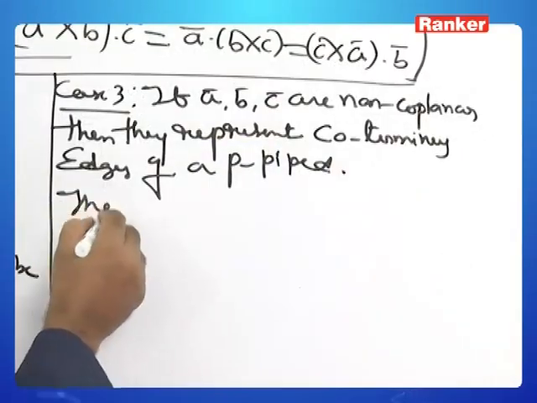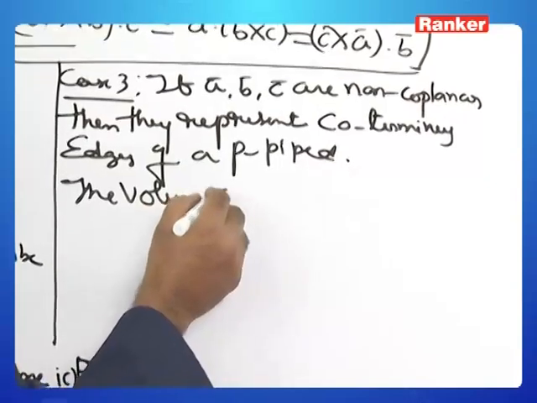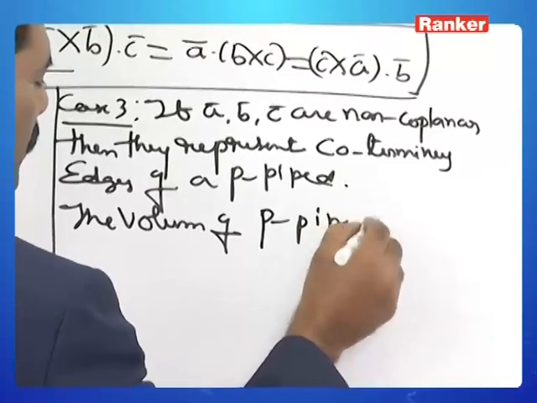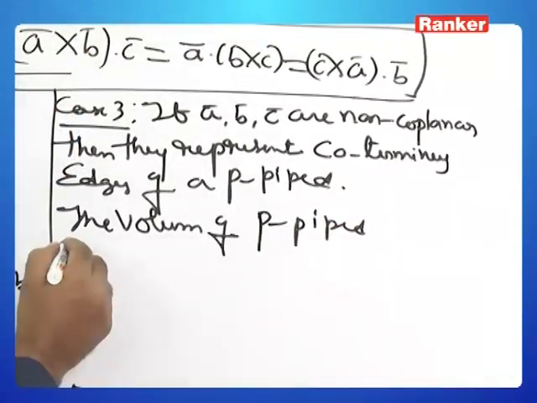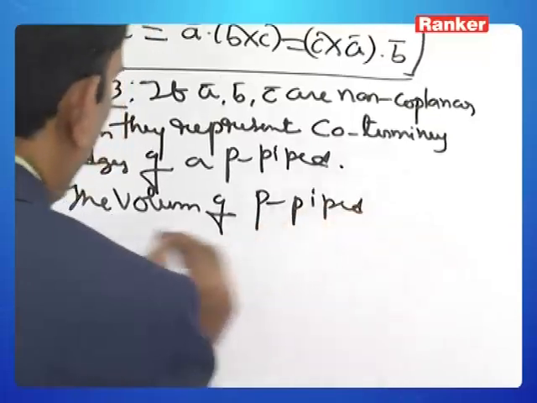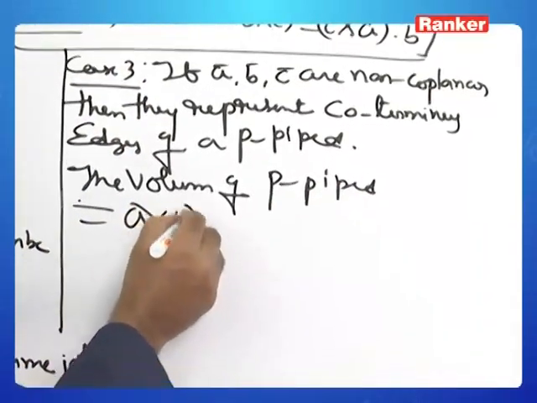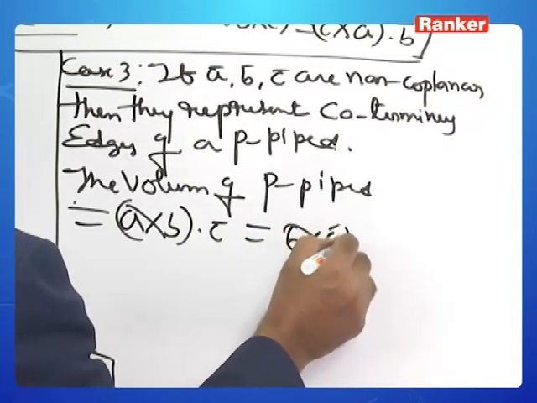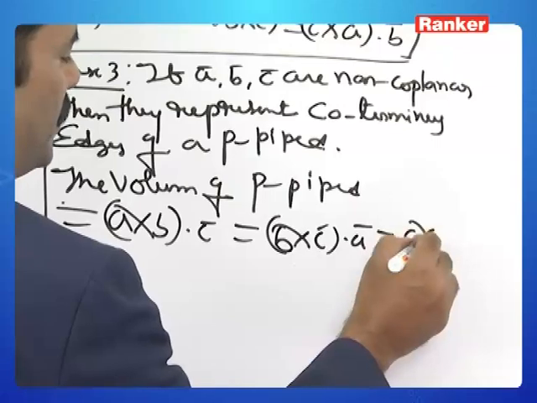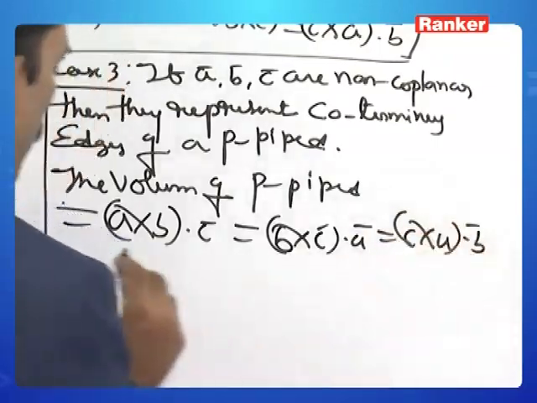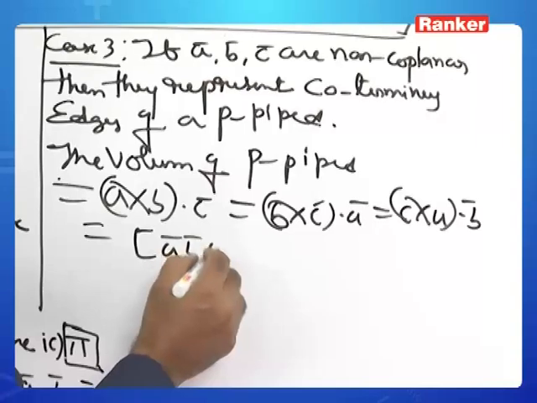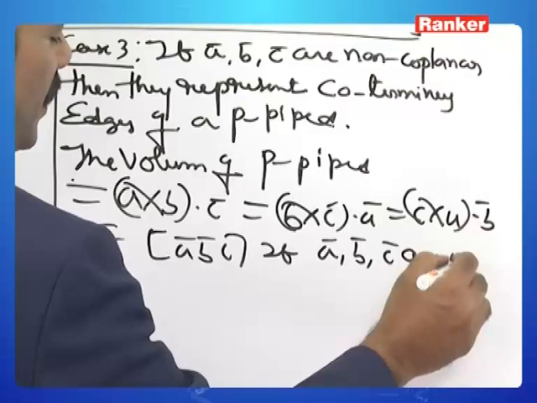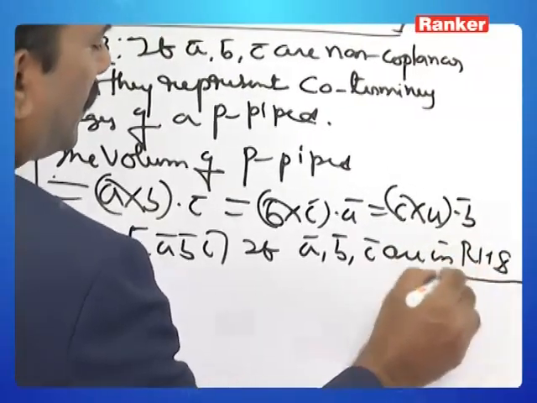The volume of the parallelepiped is equal to A cross B dot C bar, or B cross C dot A bar, or C cross A dot B bar. All are equal to what? Box of ABC, if A bar, B bar, C bar are in a right-handed system.